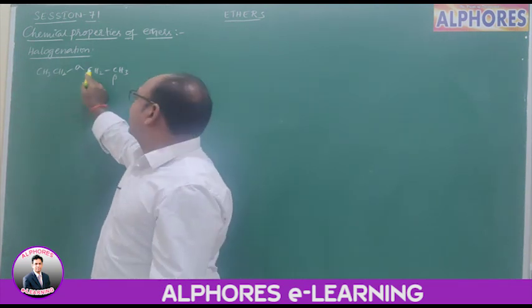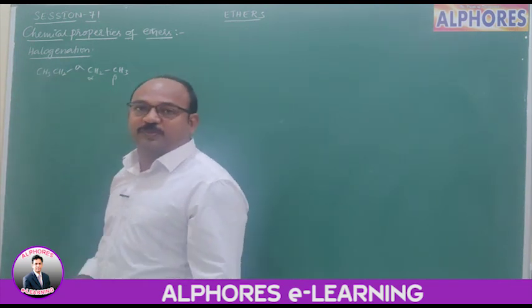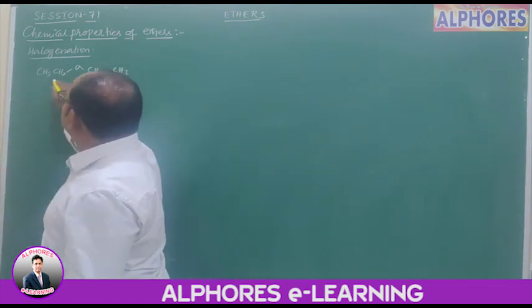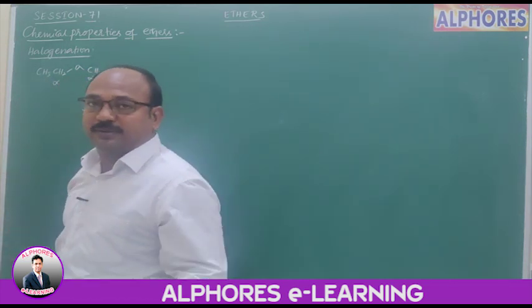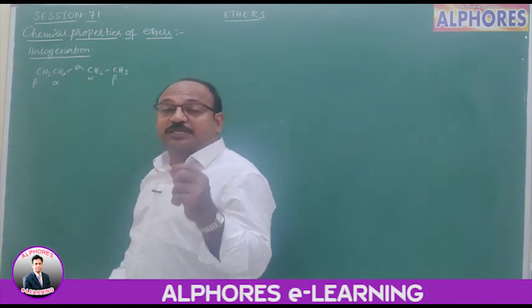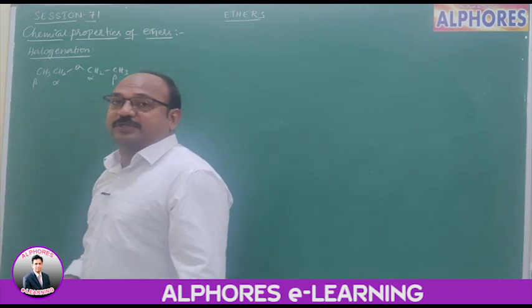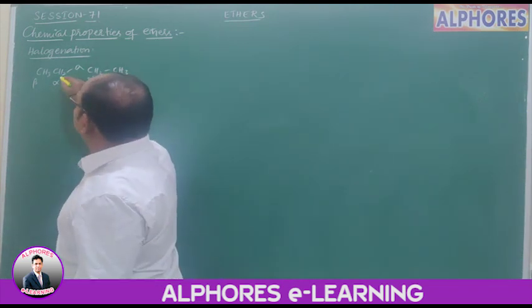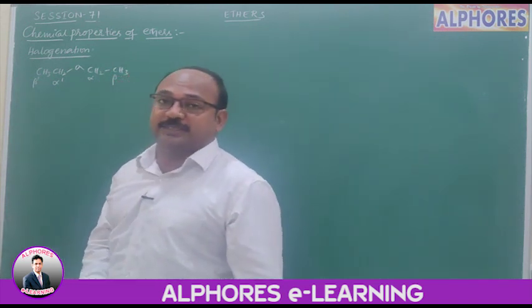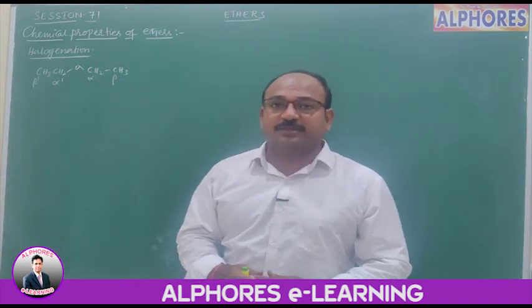Consider diethyl ether, CH3CH2OCH2CH3. This is a symmetrical ether because both alkyl groups are ethyl groups. Here this carbon we call alpha, and this carbon is beta with respect to the OR functional group.